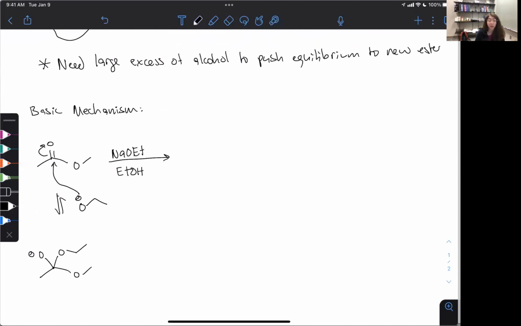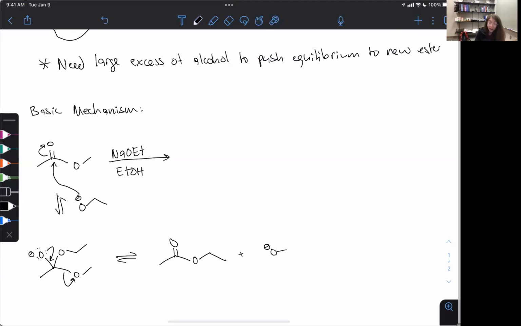And then we get to this intermediate. At that point, I don't really need to worry about any kind of protonation to get to my final product. All I need to do is come here, kick off that methoxide, and then I've got my new ester.